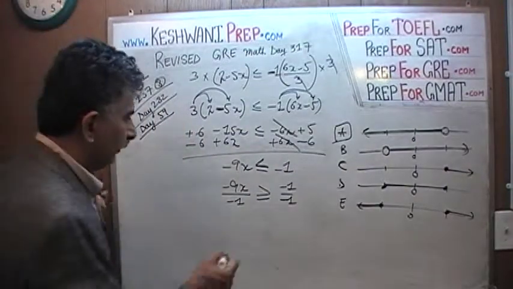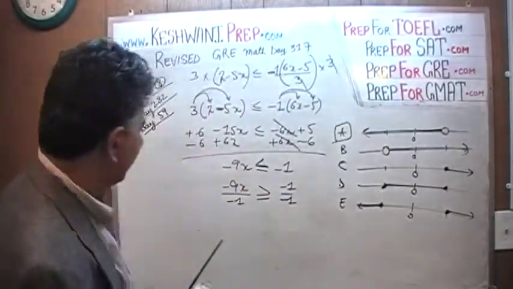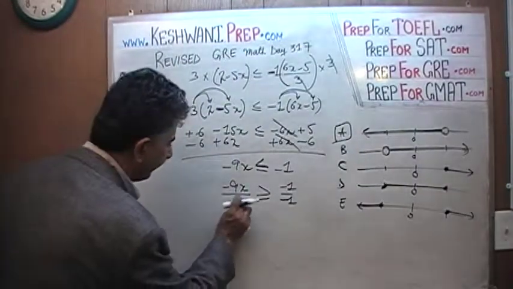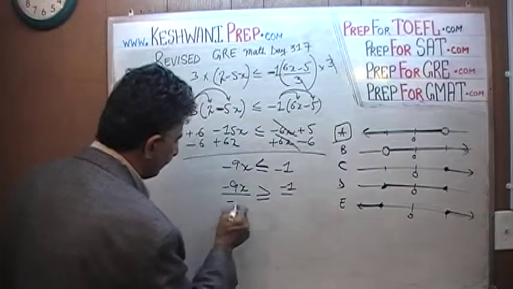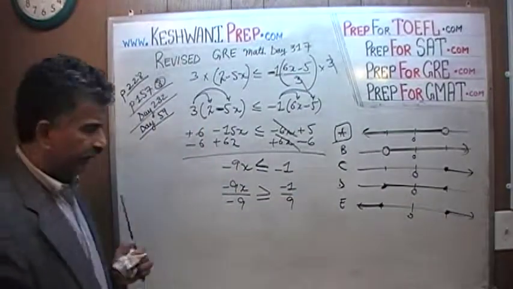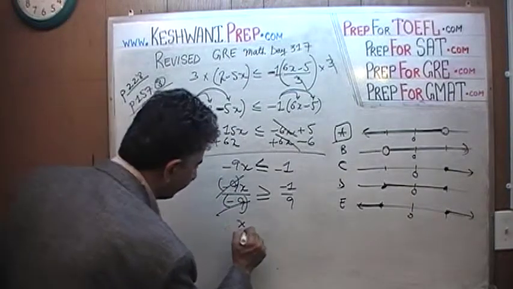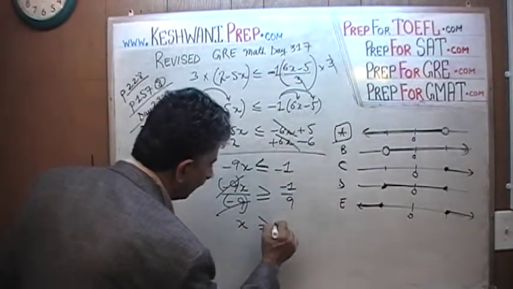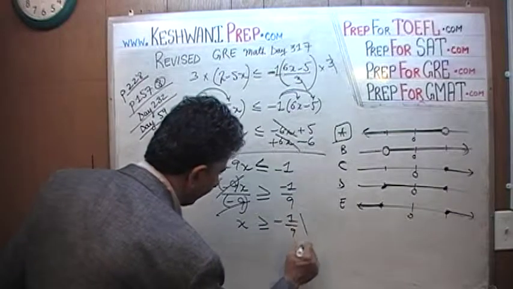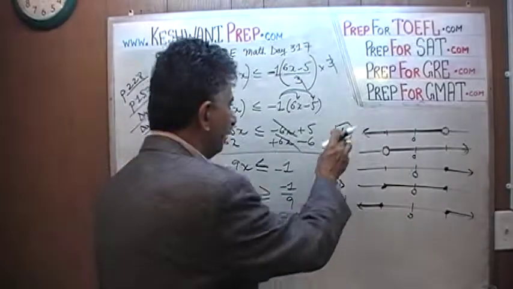We don't want to divide by 1. We want to get rid of this negative 9. So the negative 9 and negative 9 drop out, and x is greater than or equal to negative 1/9.